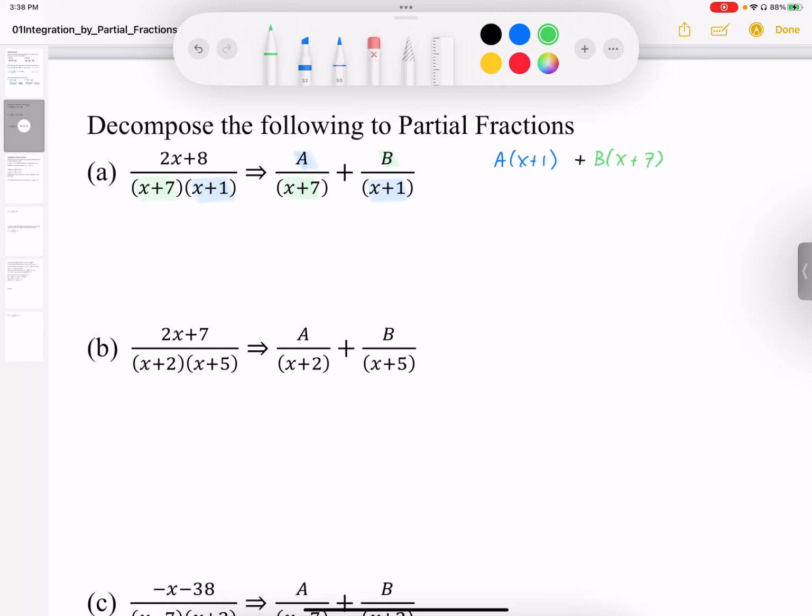So a groups of x plus 1 and b groups of x plus 7 is going to give us the numerator. So that's going to be equal to 2x plus 8.